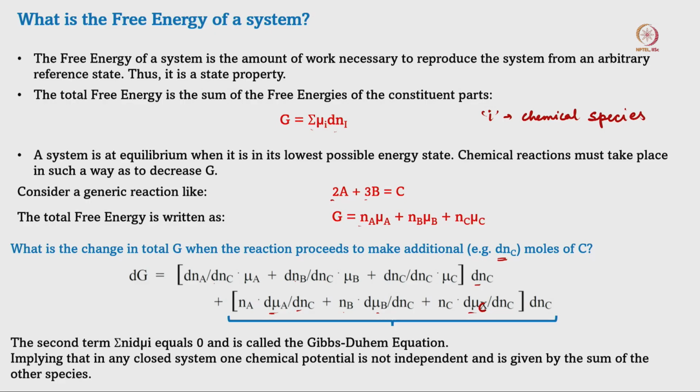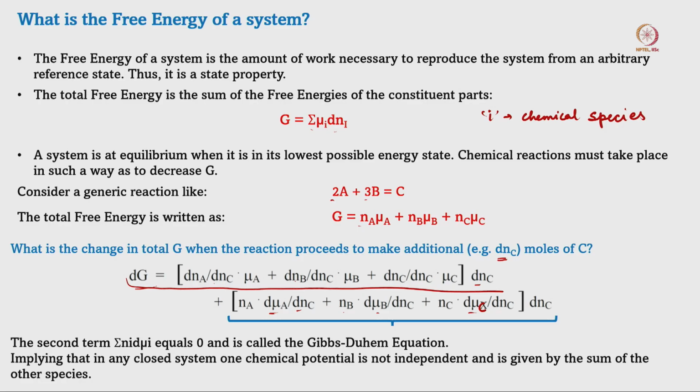This particular term will become 0, and only this part of the equation is called the Gibbs-Duhem equation. And in physical terms, what does it imply? That in any closed system, one chemical potential is not independent and is given by the sum of the other species.